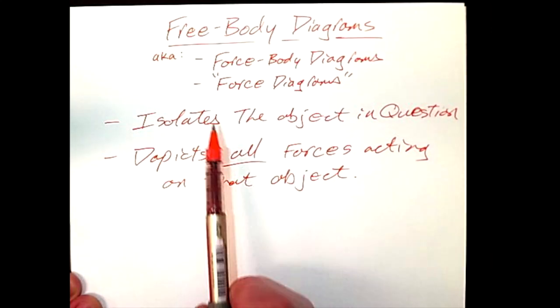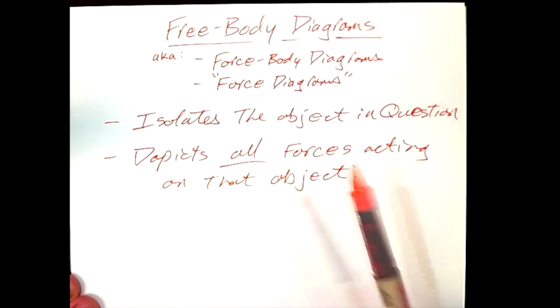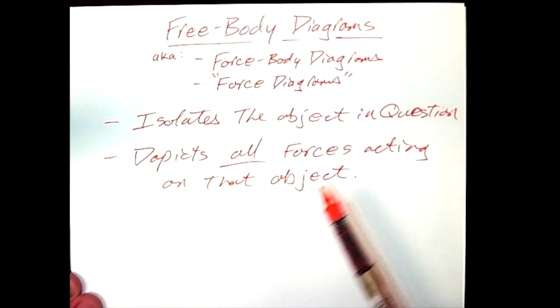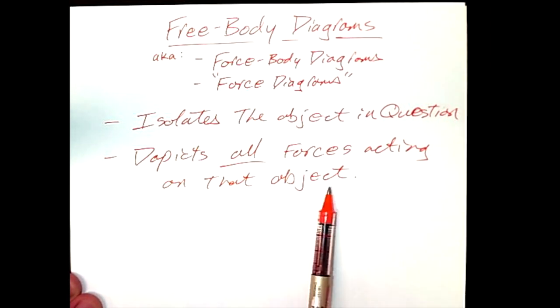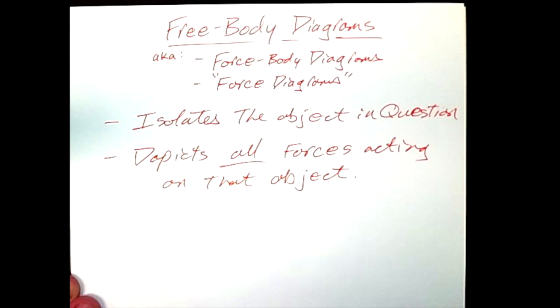What we mean by isolating the object in question is that when we draw the forces, we are careful to draw the forces that are only acting on the object in question and not forces that would be acting on other objects in the system.